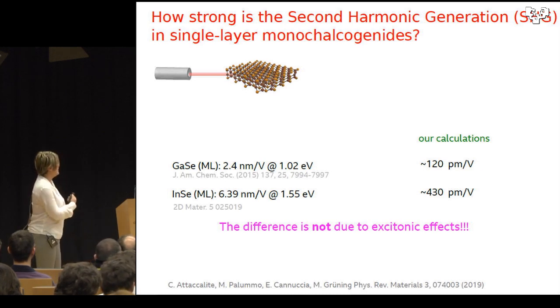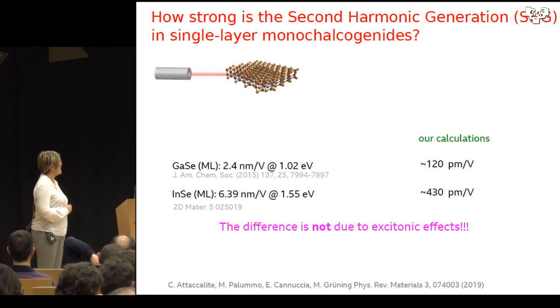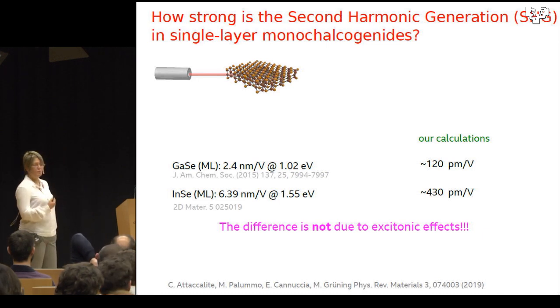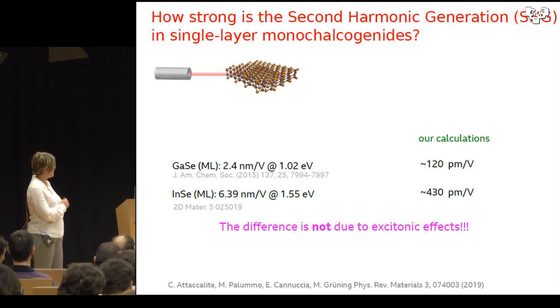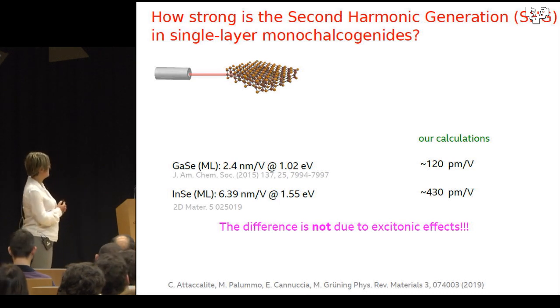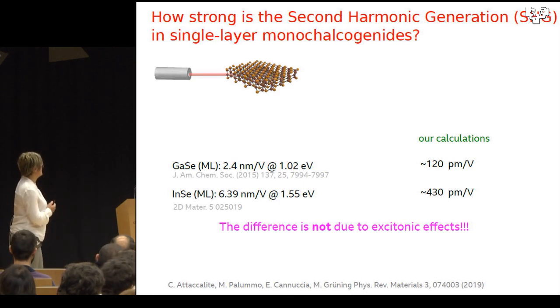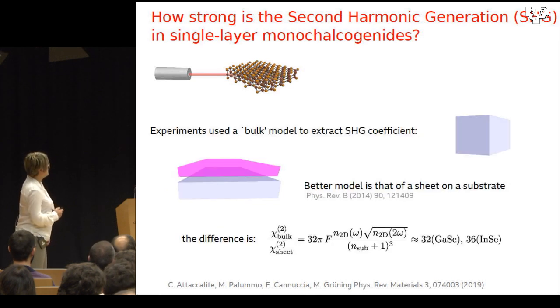What we know actually, if we trust our method, and we do trust it, is that we can exclude excitonic effect as the source of difference between what is observed theoretically and what is measured, or better, estimated. Because that's the problem with second harmonic generation. It's not a direct measure, but it relies on a model.